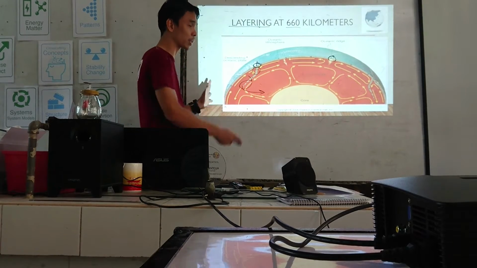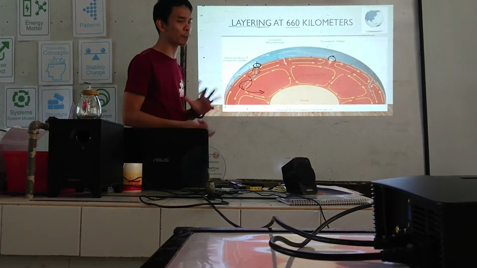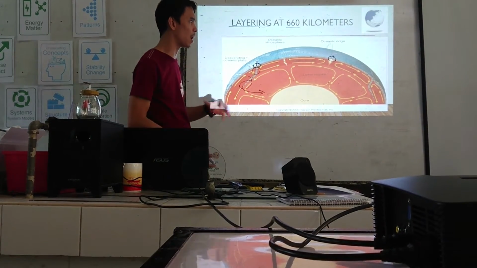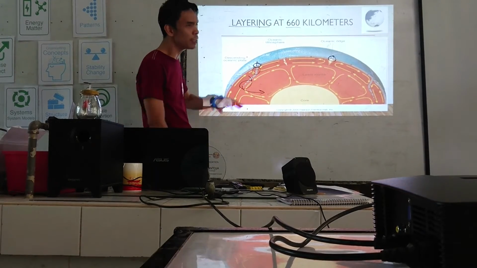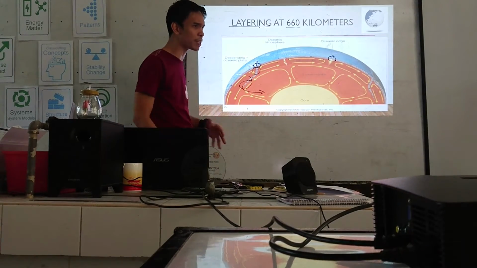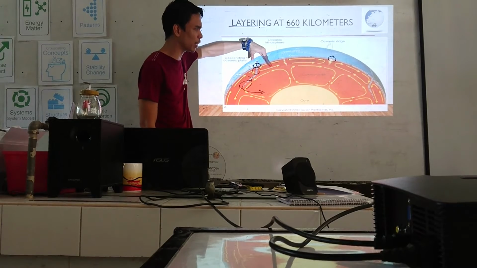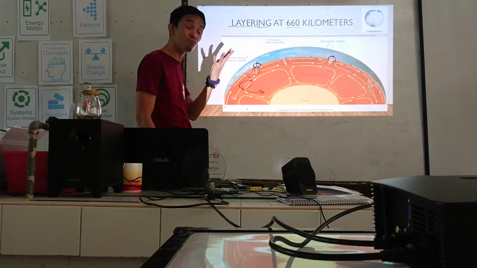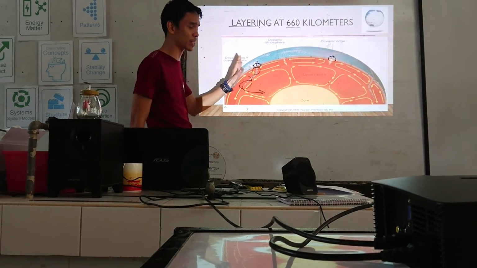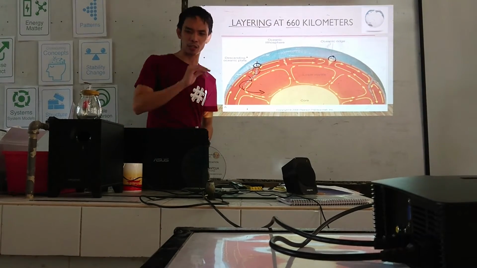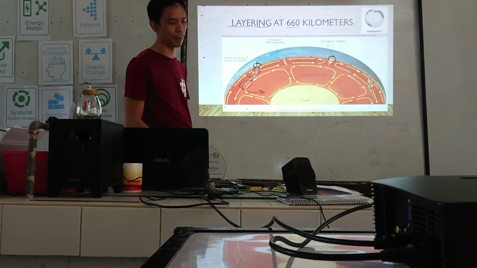That's the shortcoming of this. But if you think of its finding, we can safely say that this type of convection pattern is somehow present in our Earth's layers. So that is layering at 660 kilometers.